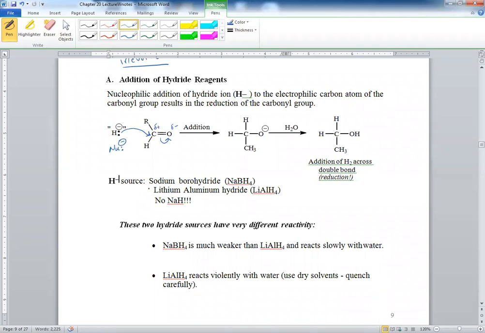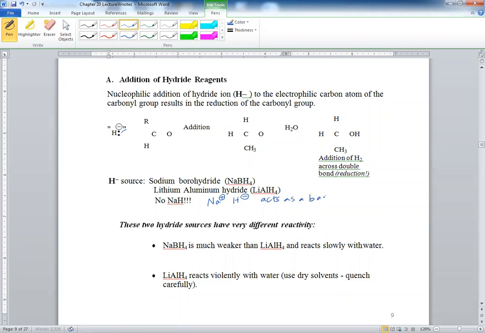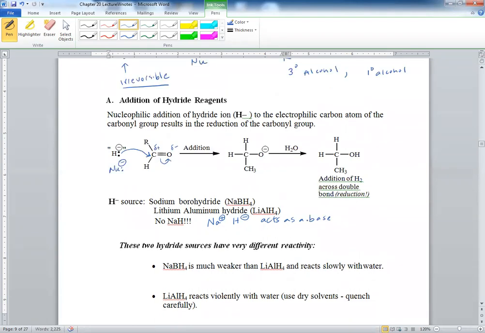So what is the hydride source? It's sodium borohydride, NaBH4, or lithium aluminum hydride, LiAlH4. I've shown you this before, but it's not sodium hydride. You might think sodium hydride, Na+ H-, would be a suitable one to use. The problem is that this one acts as a base, and not a nucleophile.